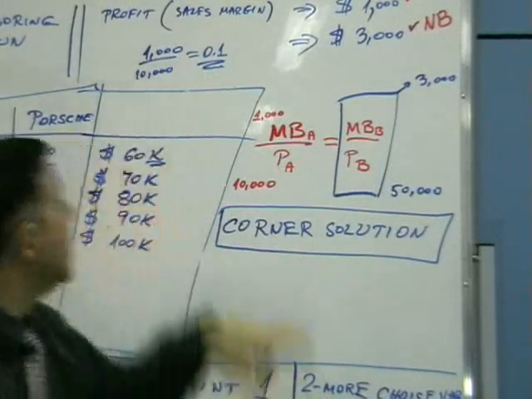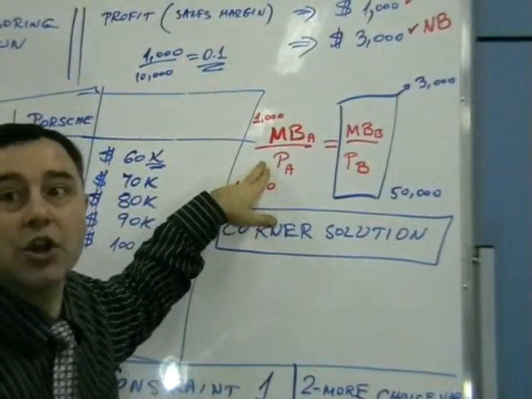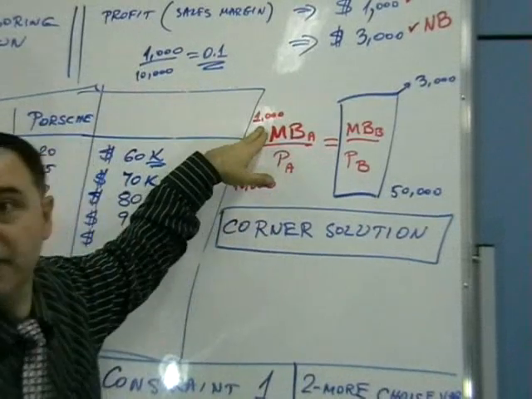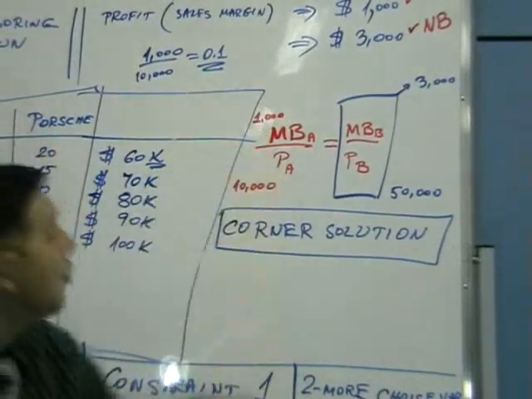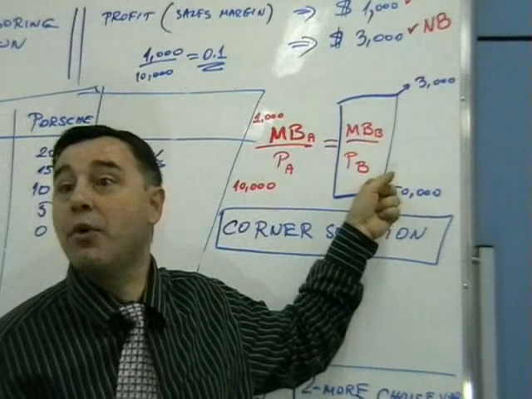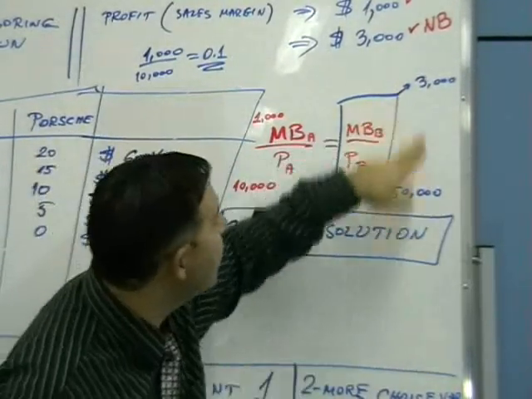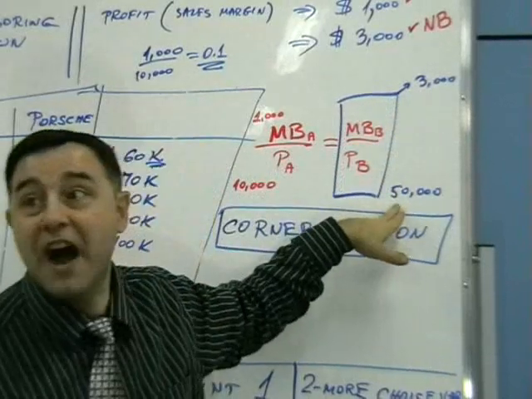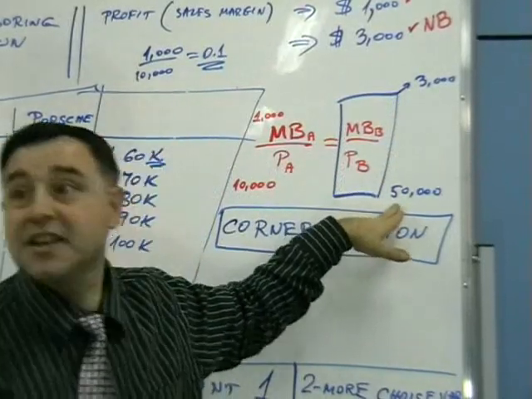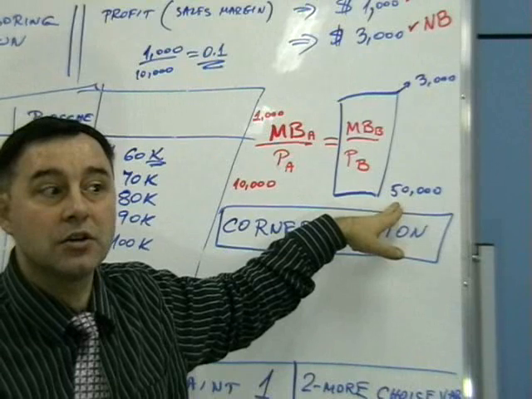For every dollar in A, we're benefiting 10 cents. Well, how many are we benefiting on a Porsche? We divide 3 by 5, right? So it's 6 cents on the dollar.